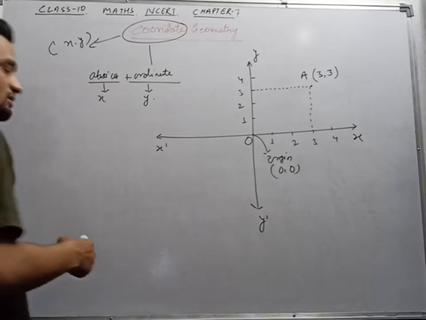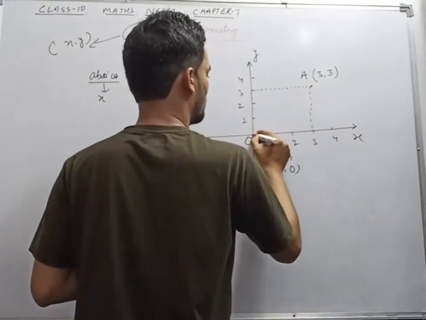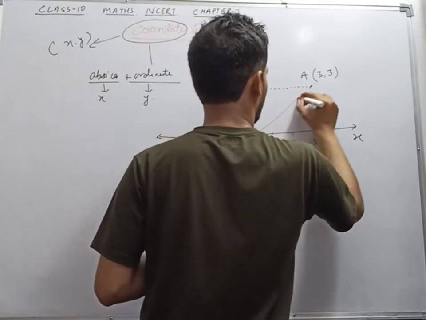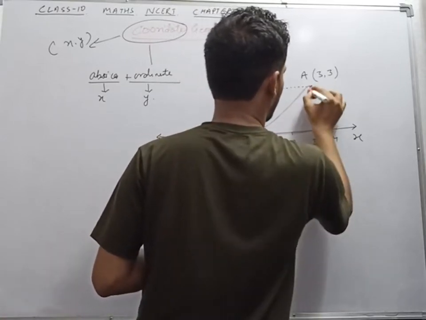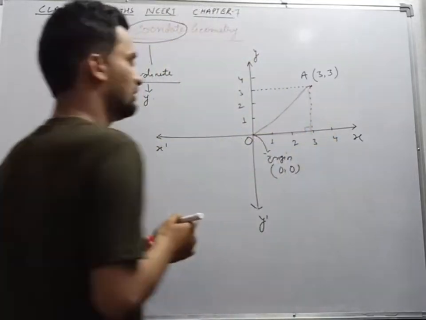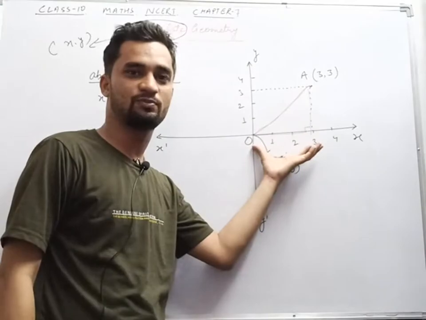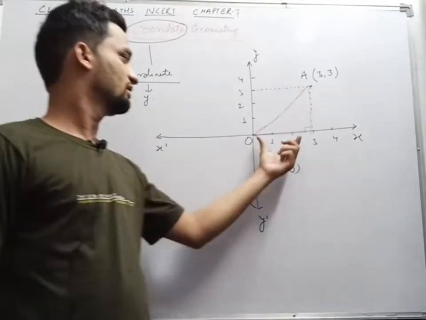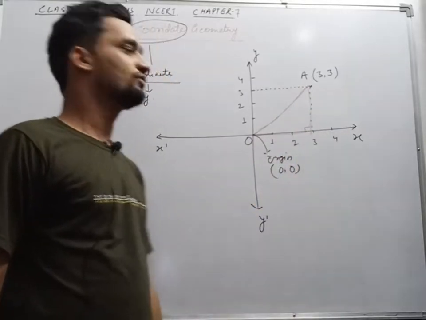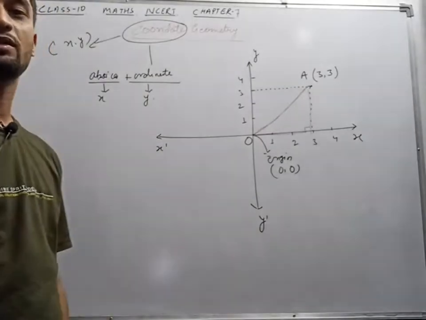Again, suppose the point is located here, and we have to find this distance. If we know the distance along the x-axis, this base, and this perpendicular, then we can find the value of OA using the Pythagoras theorem.